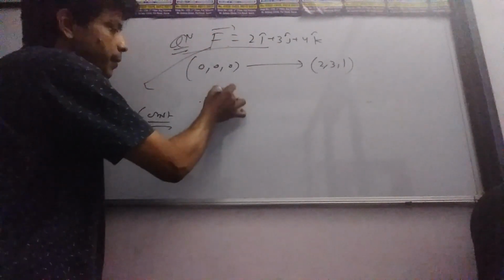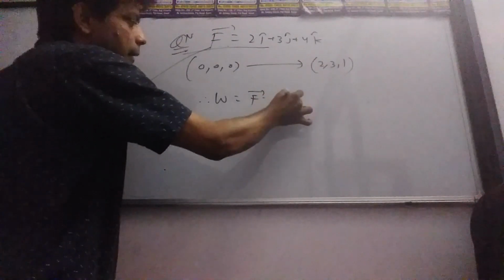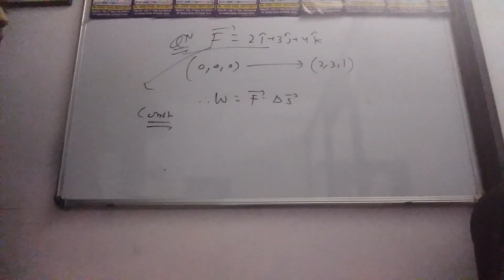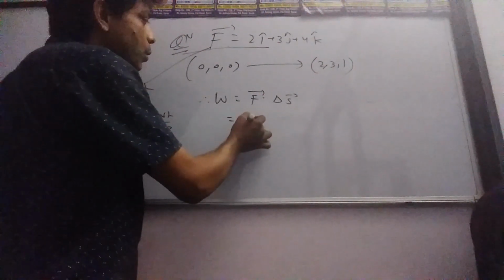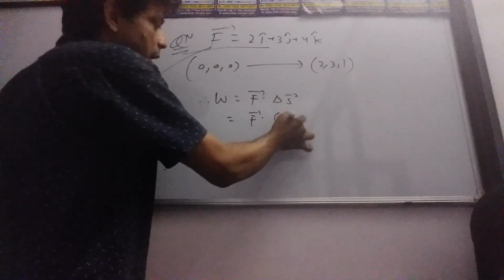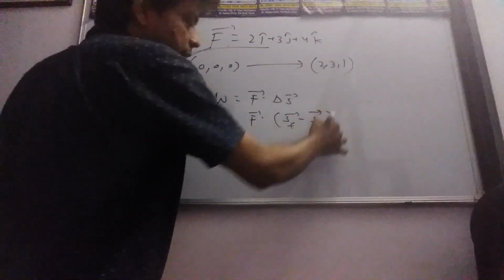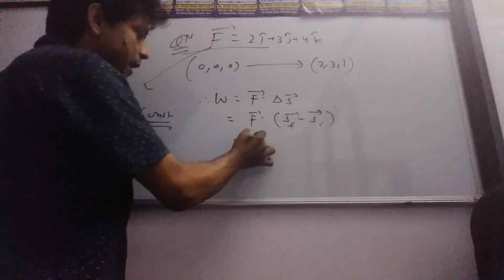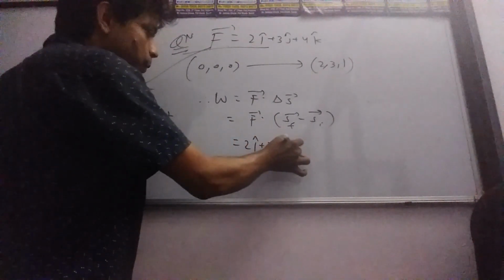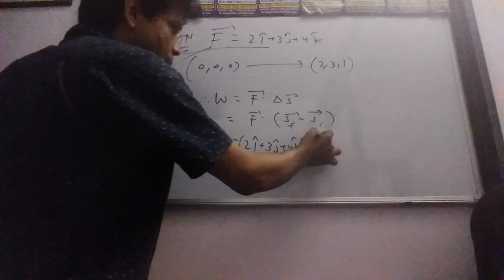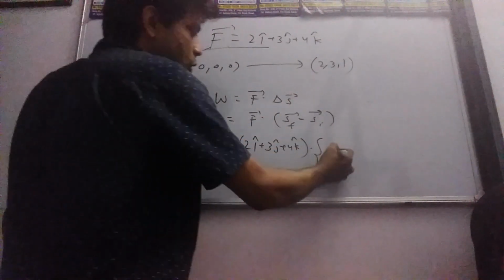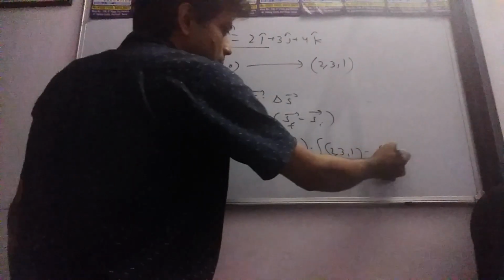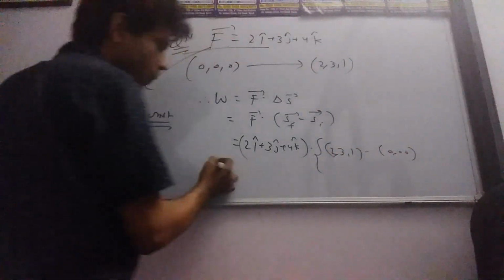Therefore, work done is F dot delta S, which is F dot S final minus S initial, right? 2i cap, 3j cap, 4k cap dot S final 2, 3, 1 minus 0, 0, 0, right?